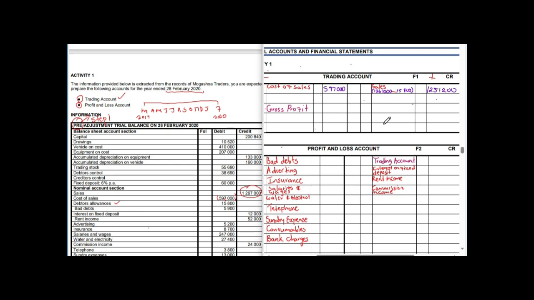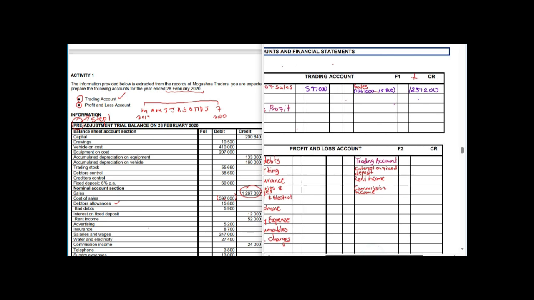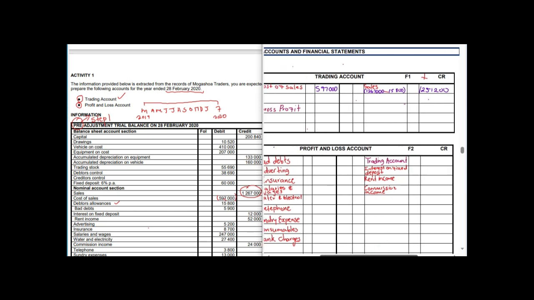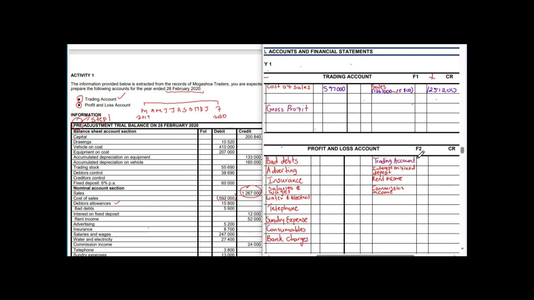Now we have to look for the bigger side. Obviously the bigger side is our credit side, with 1,251,200. What you did on your left must also be made on your right: 1,251,200.